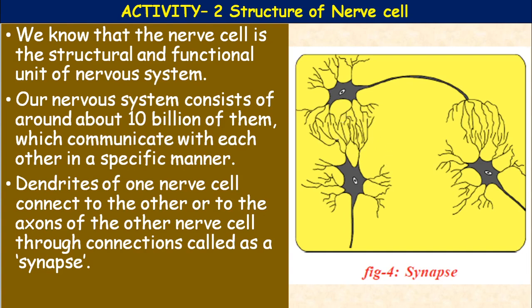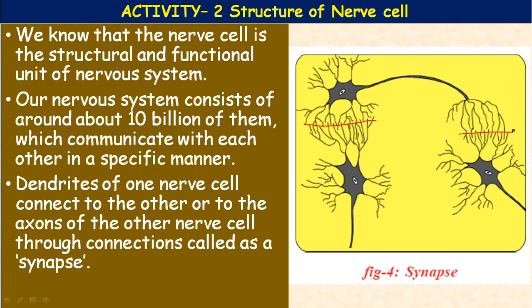You can see the dendrites may either connect with the dendrites of another neuron, or they may connect to the nerve terminals. Okay. So dendrites of one nerve cell connect to the other or to the axons of the other nerve cell through connections called synapse. So here there is a gap between these two. That gap is called a synapse.